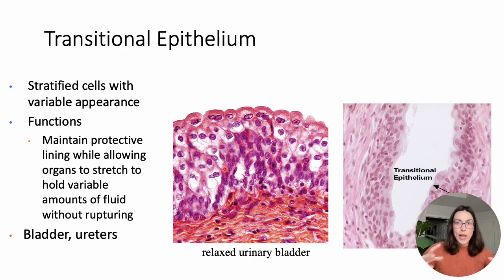Once it's stretched, it almost looks like simple epithelium, like there's only one layer. But when it's relaxed, it looks like there are many more layers. So it transitions from one to the other. We are not going to look at examples of stratified columnar epithelium, which is quite rare in the body, in this chapter.